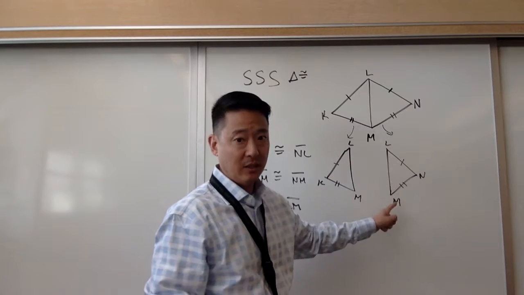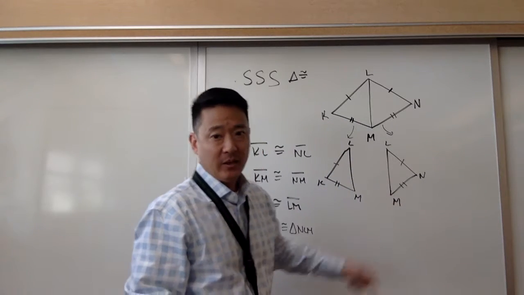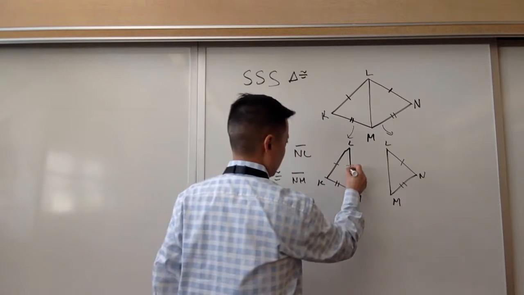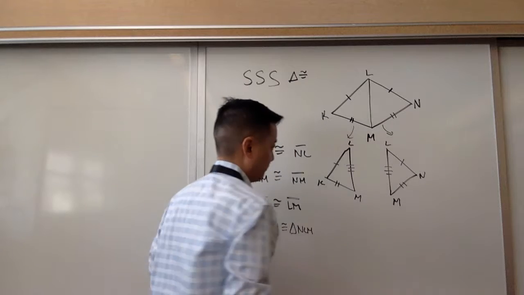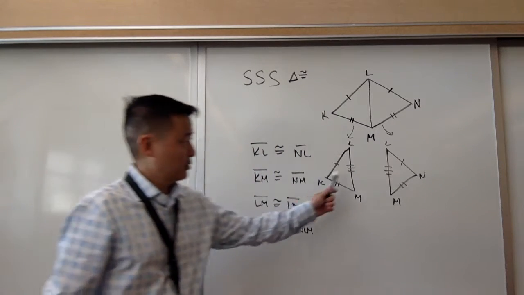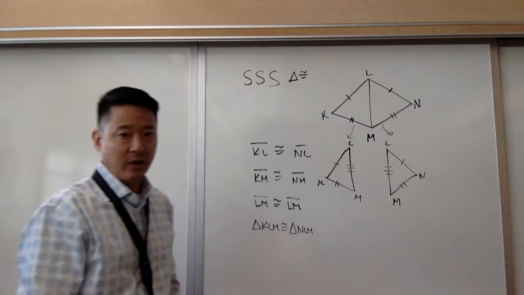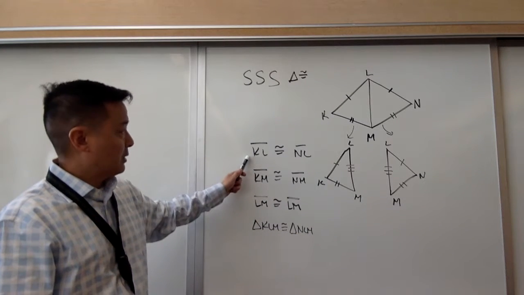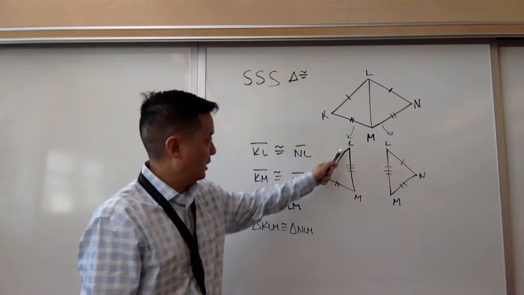And this segment right here, LM, that is the shared segment. So I'm going to put congruence marks on that also. Okay, so take a look at this picture here, the deconstructed triangles, and let's look at each one of these statements. Segment KL is here.